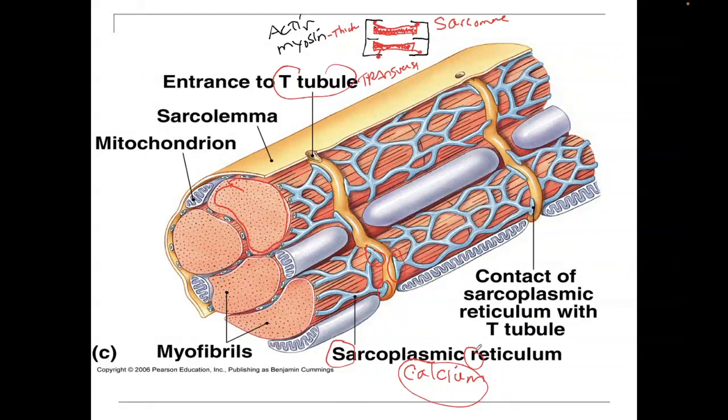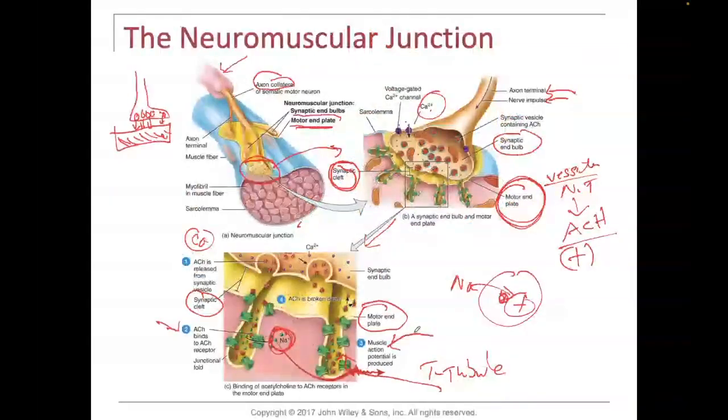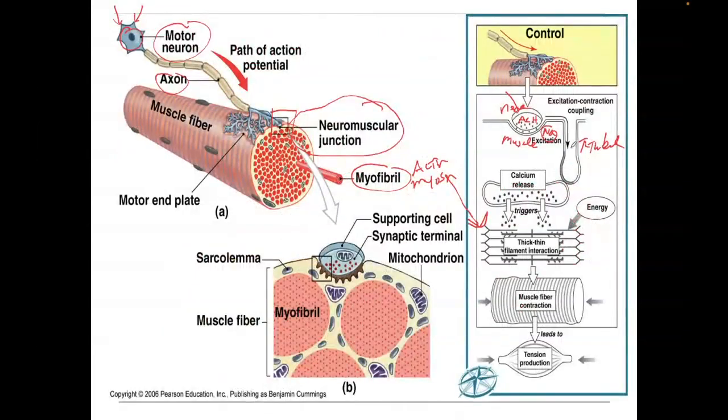And what does the sarcoplasmic reticulum store? Calcium. So now the T tubule is carrying the action potential to the sarcoplasmic reticulum, which stores calcium. So the calcium is going to be released.